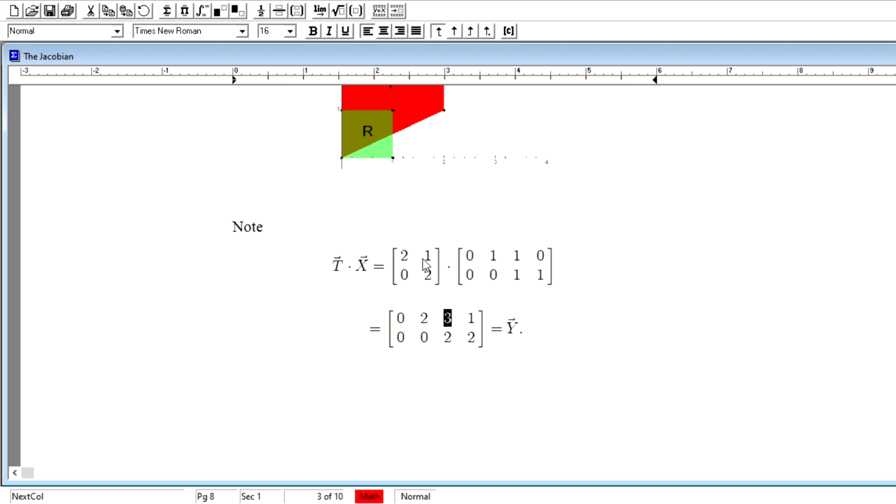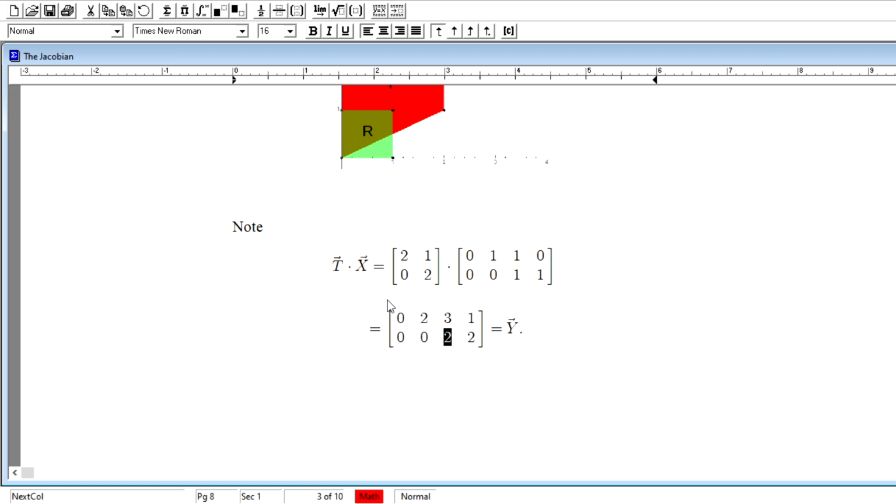If we continue that pattern, we get 2 times 0 plus 1 times 1, which gives us this 1. If we do that now with the second row of T, 0, 2 times 0, 0 produces 0. 0, 2 times 1, 0 produces 0. But 0, 2 times this 1, 1 produces 2. That is the matrix multiplication, what we call row-column multiplication of matrices.